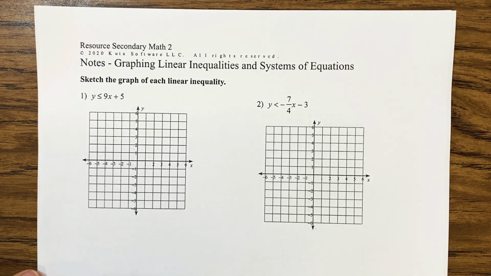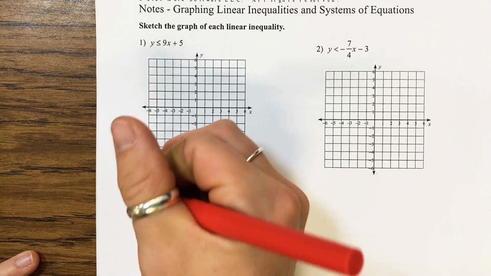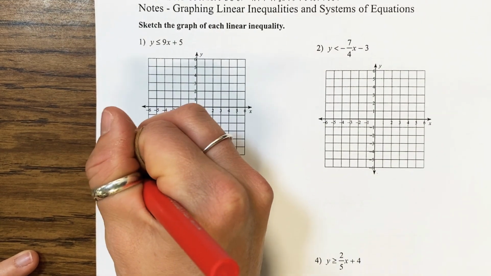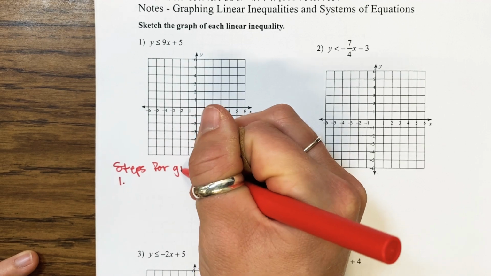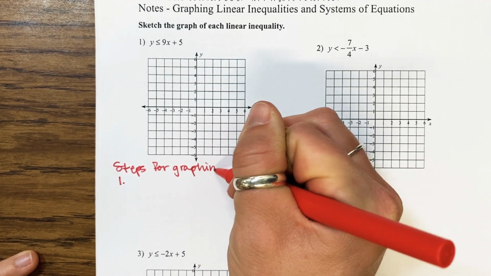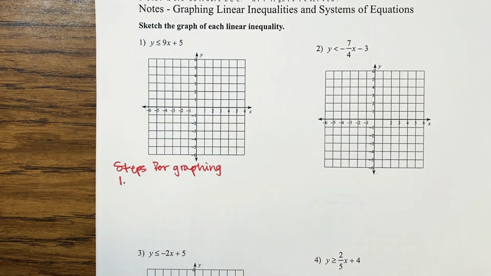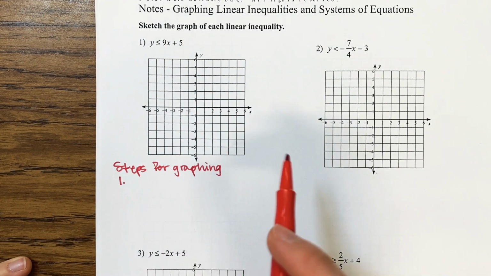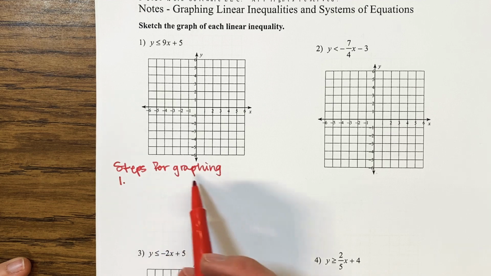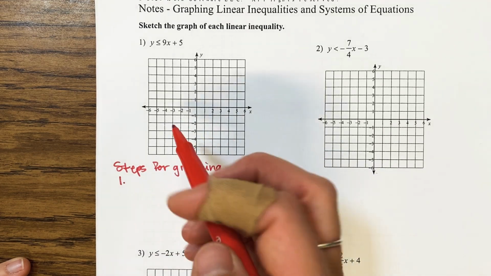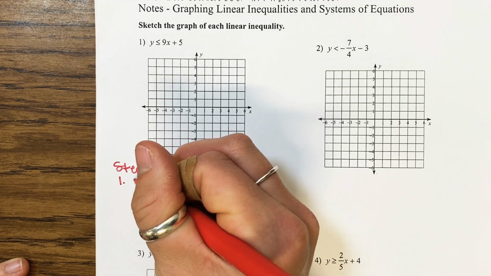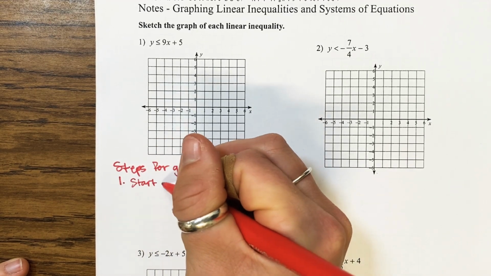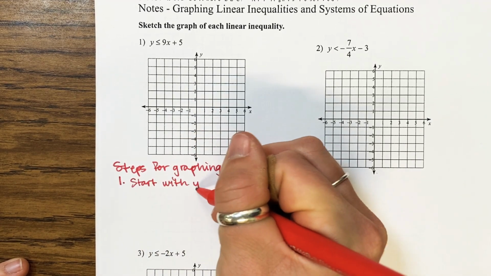Okay, so what I want us to do is underneath number one, let's go ahead and write our steps for graphing. Okay, if you remember, our steps for graphing inequalities and equations are pretty much the same. There's just a couple extra ones when you're dealing with inequalities. Okay, so steps for graphing inequalities and equations when they're in slope-intercept form, which these guys are, is you are going to start with your y-intercept.